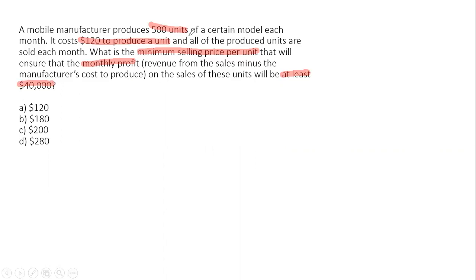Okay. So they have given me a condition. They are saying that they want the monthly profit to be at least 40,000. That means the profit should be greater than or equal to 40,000. That's the meaning of at least. Now we all know that profit is equal to what? Profit is given to me by the selling price minus the cost price.